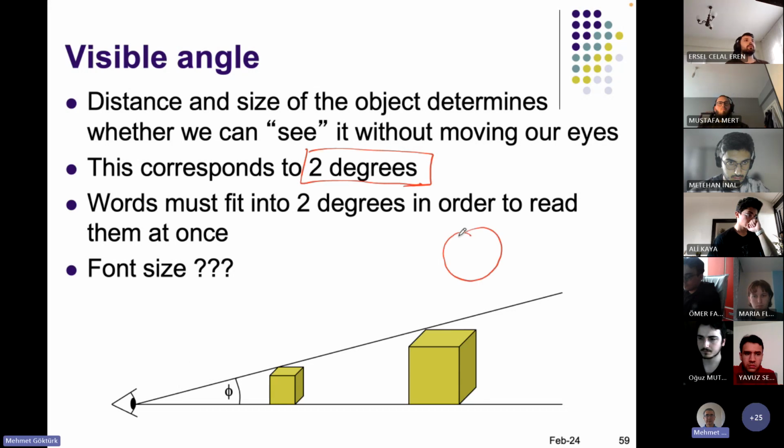So the eye without rotation, do you understand? Without rotation, only 2 degrees is visible. So anything in 2 degrees we can perceive. Above that, we have to rotate our eyes.